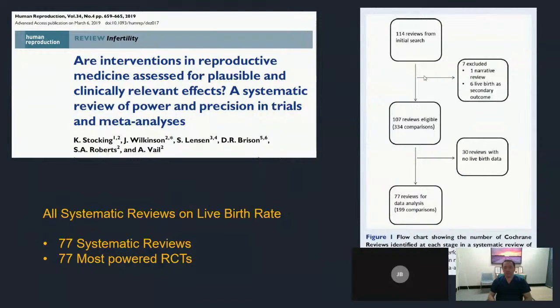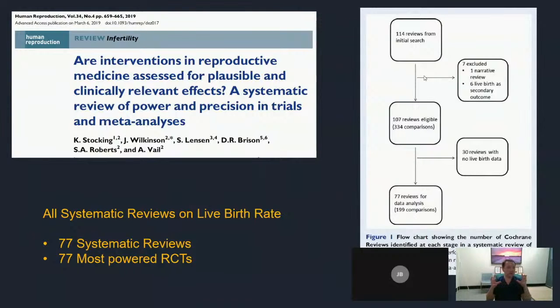The researchers looked through all Cochrane systematic reviews and meta-analyses which addressed the question of live births, which includes fertility in IVF.